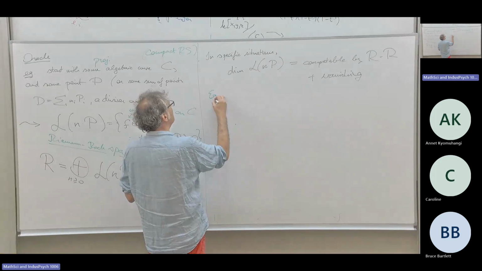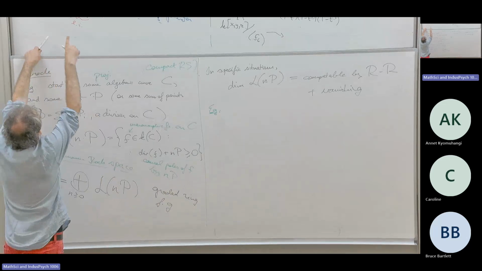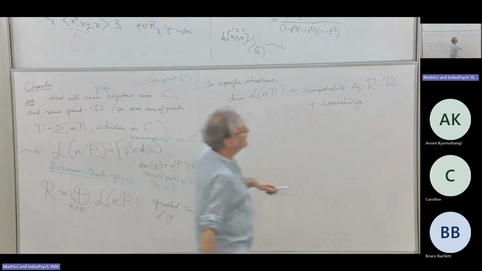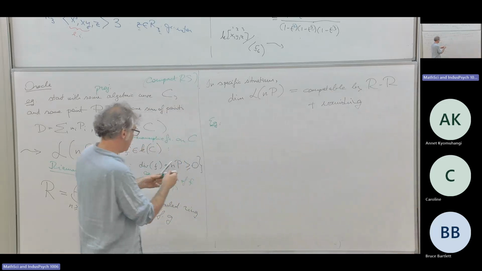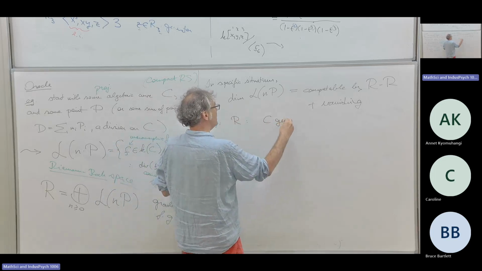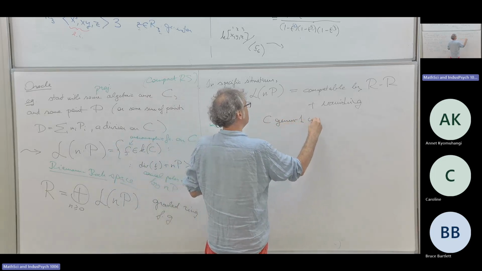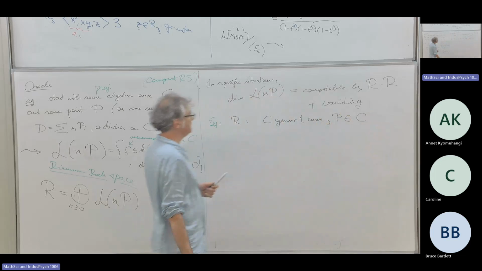Our examples came from, and I should have called this, I call them R. This is a new R, let's call it R tilde. Where did this come from? So our R came from C, a genus 1 curve, and then P is a point on the curve.